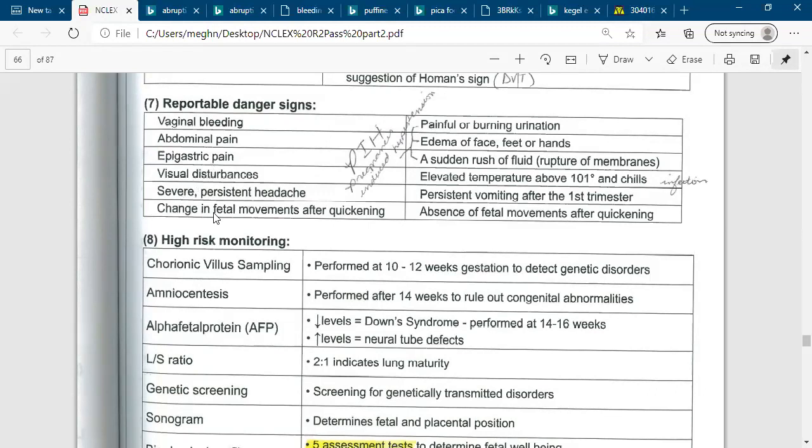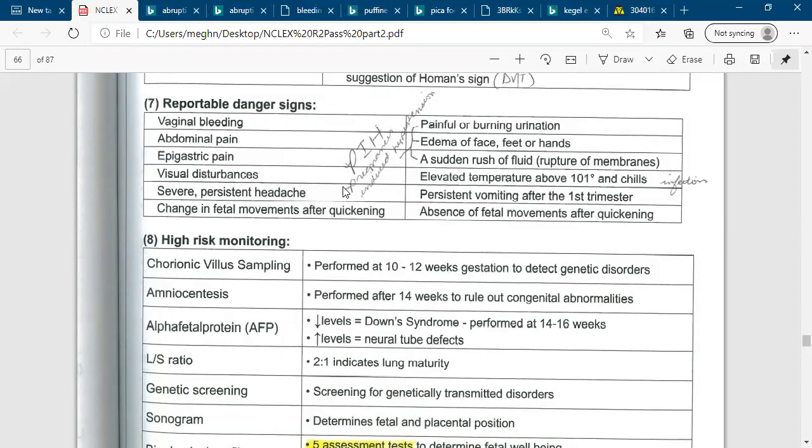Also, a change in fetal movement after quickening. Quickening means the first movement of the baby that the mother feels. Sometimes the mother has pregnancy induced hypertension. If it is not treated, it leads to preeclampsia.